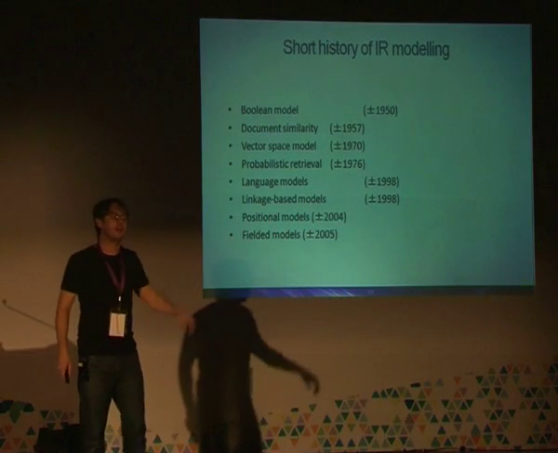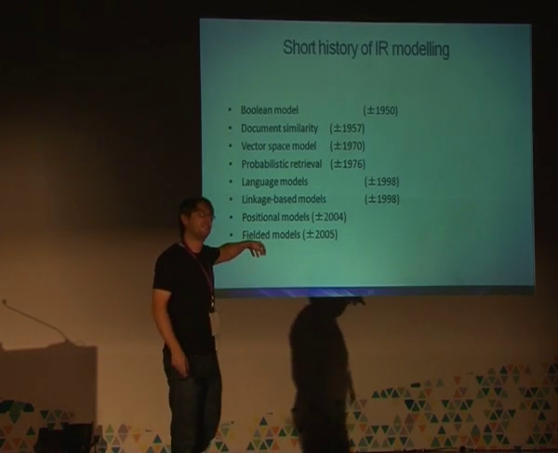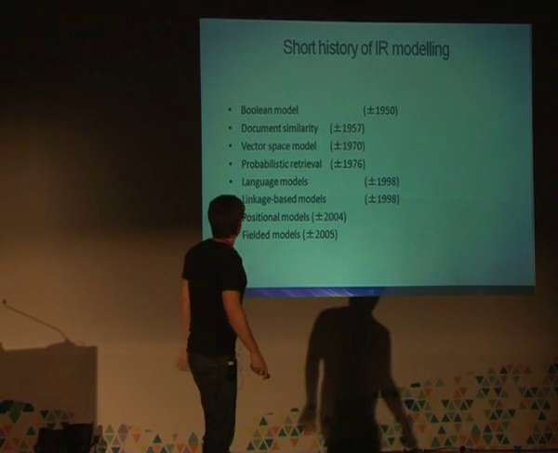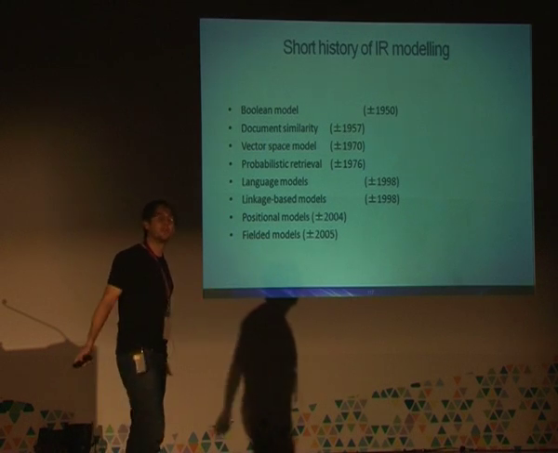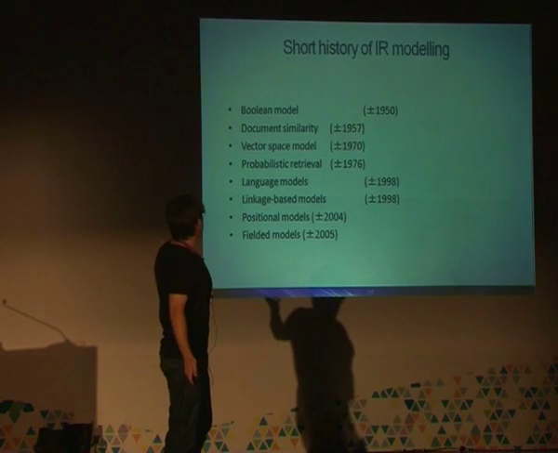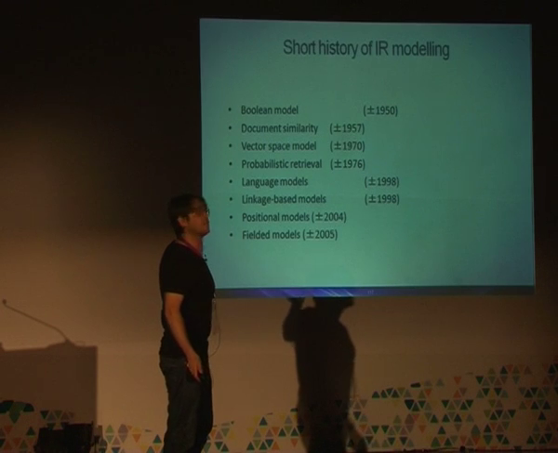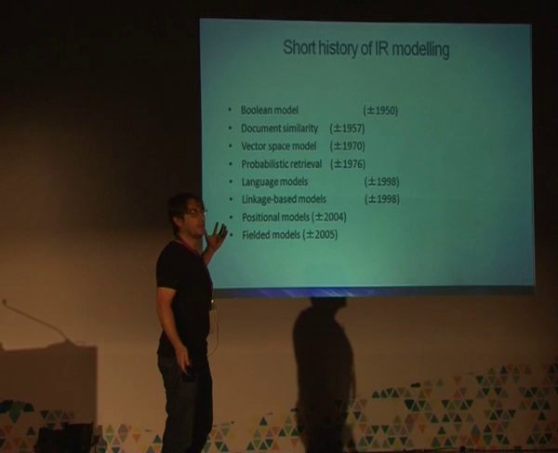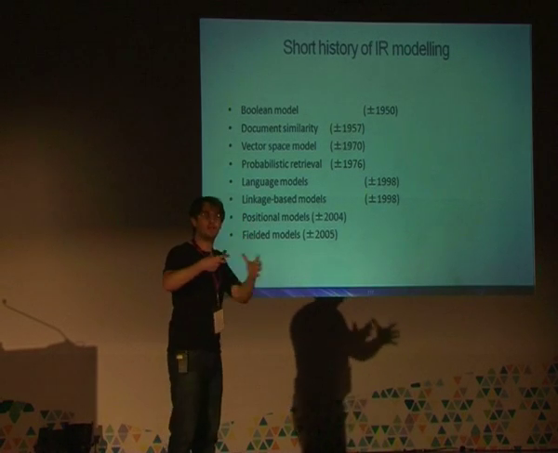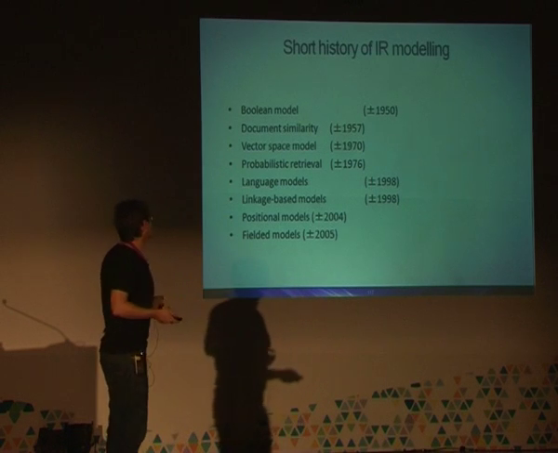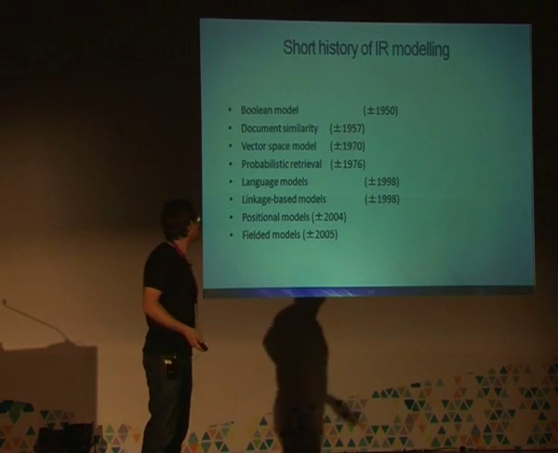Brief story. I could have started with this, but this is much more boring than the web search engine story. First there was the Boolean model in the 1950s, which we already talked about a bit. Then right after, people started to try to figure out what made two documents look alike. What is document similarity, text similarity metrics?